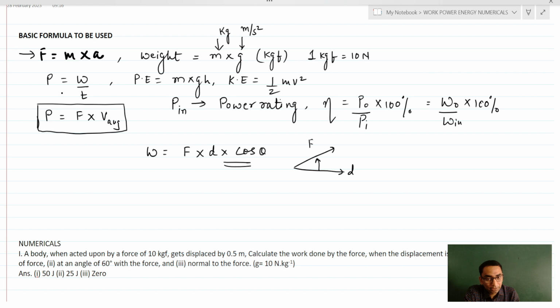So suppose there is some angle theta between force and displacement, then you go for this formula. Otherwise, if force and displacement are in the same direction, theta turns out to be 0 degrees and cos 0 is 1. So this formula simply reduces to force times displacement. You use this when force and displacement are parallel in the same direction. If they are not parallel, if they have some angle, then go for F into d into cos theta.